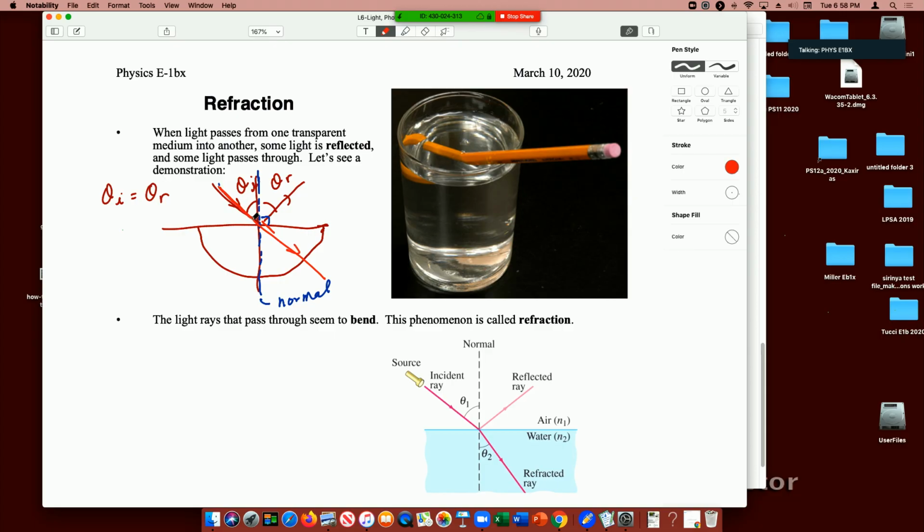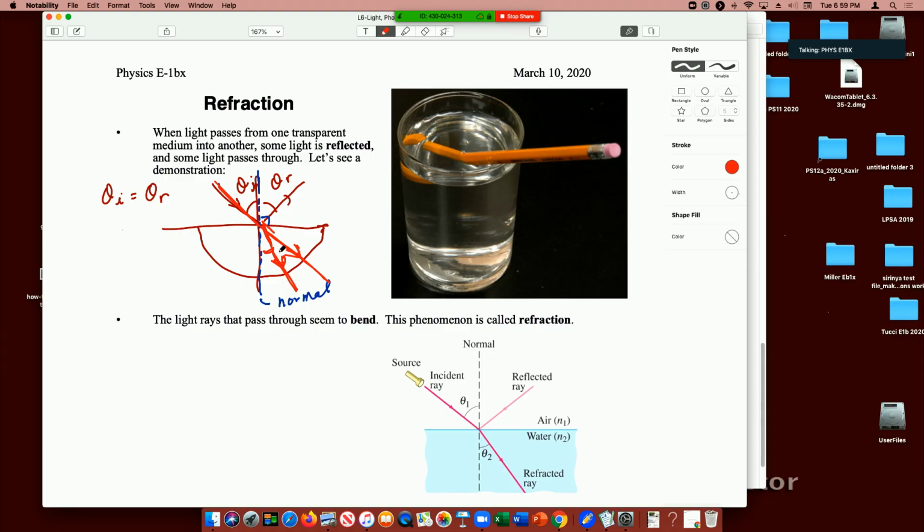But what it actually does is bend this way, towards the normal. It goes in, and then bends like this.